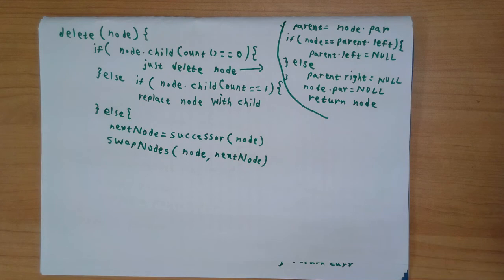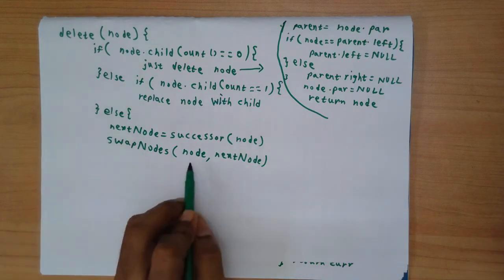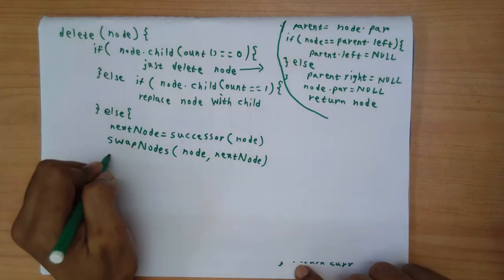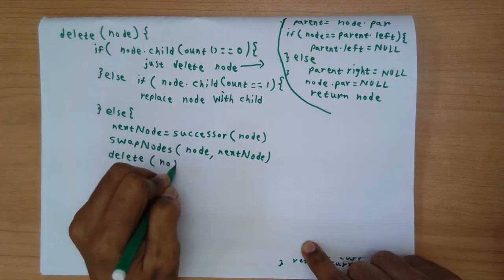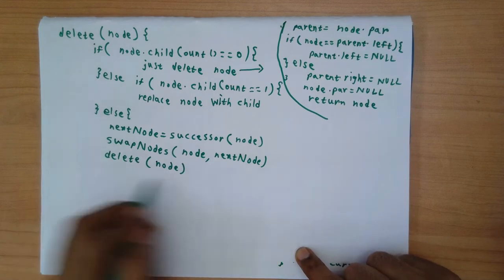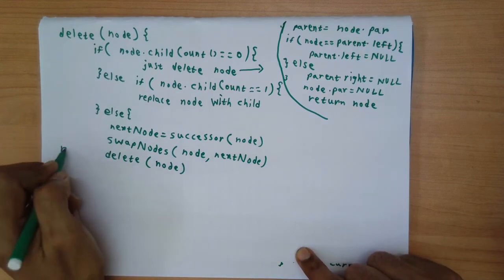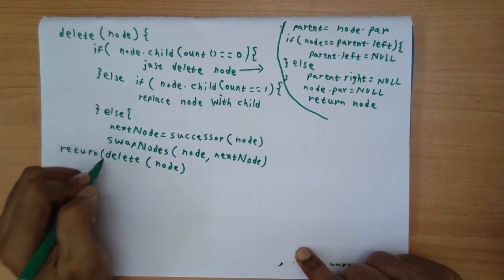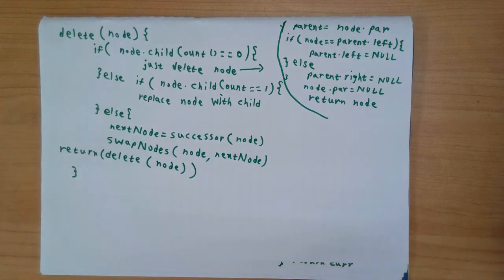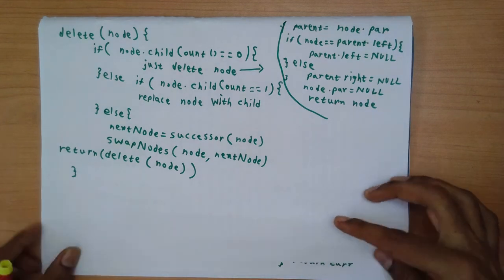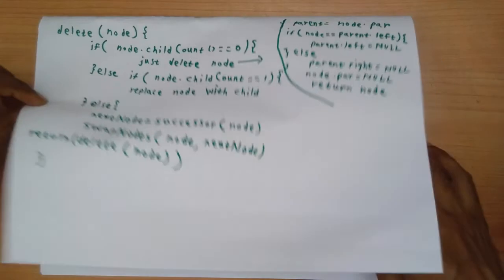After that, I will go and delete the particular node that I'm talking about. After this, I will delete my node, and once I delete it, I will get the result. So I'll return this result. Okay, so let's see how it works for the case where we have a node with a left child as well as a right child.